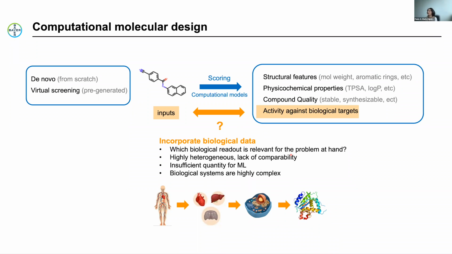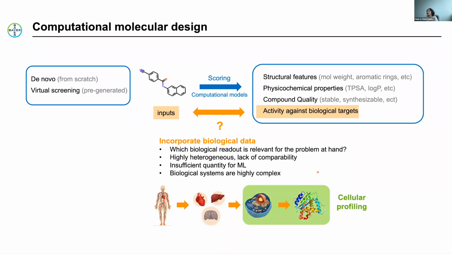If we want to merge data from different sources, biological data is highly heterogeneous and very difficult to compare. Usually there are also insufficient quantities for machine learning models. And finally, of course, biological systems are very complex and they span from the full individual or organism level down to the cellular and subcellular level.